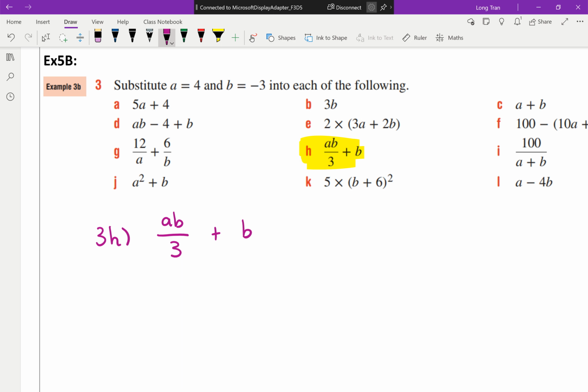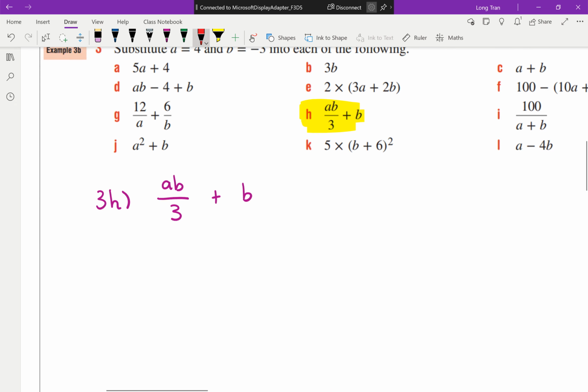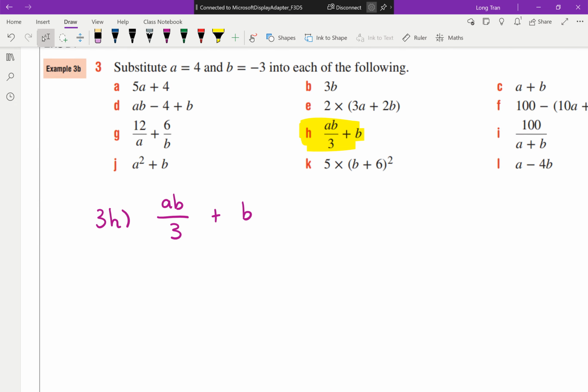So this will combine what you've been practicing together. Let's do this together. So write the question down. 3H. You've got AB over 3 plus B. Now, first thing, in your notes, when you write an A next to a B, what does that mean again?